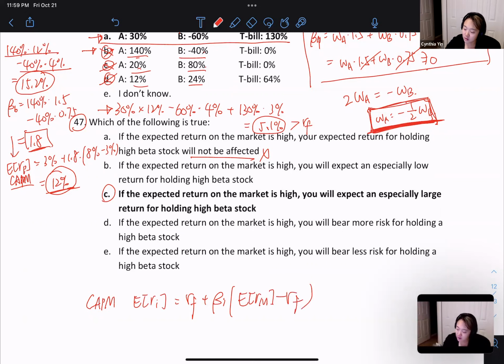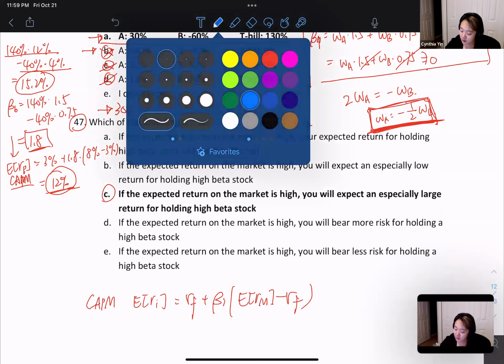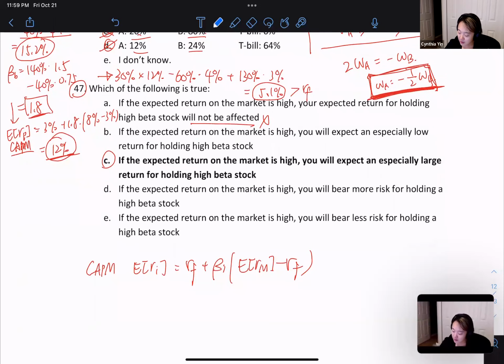So what A is saying is if this increases and this is high, then this will not change. That's not true because if beta I is very high positive and EM increases, this will also increase. So A is not true.